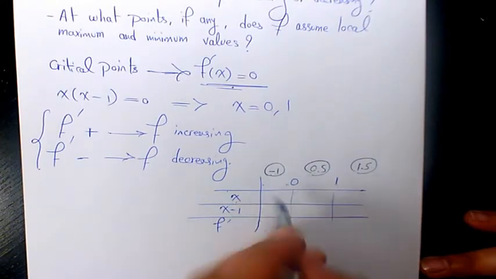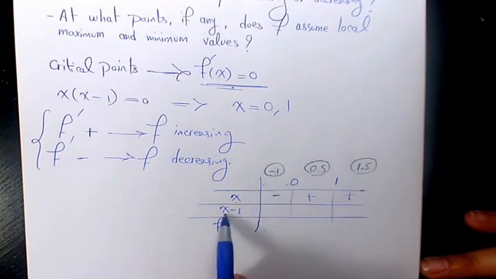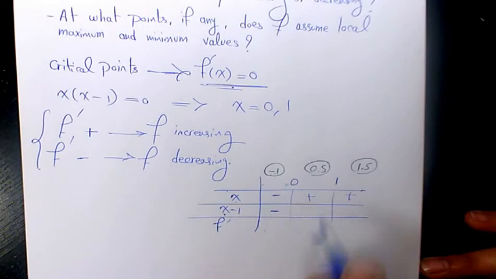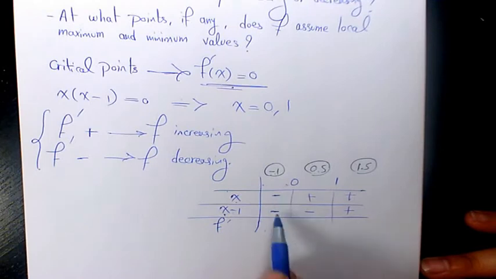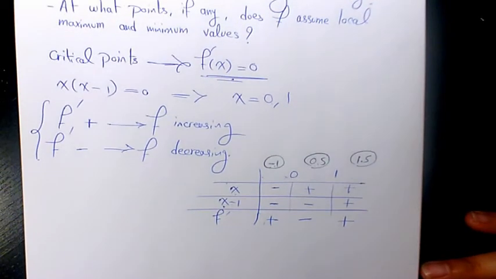When you substitute there, x is negative, this one is positive, this one is positive. For x minus 1, negative 1 minus 1 is negative 2, so it's negative. 0.5 minus 1 is negative. 1.5 minus 1 is positive. So negative times negative is positive. Positive times negative is negative. Positive times positive is positive.